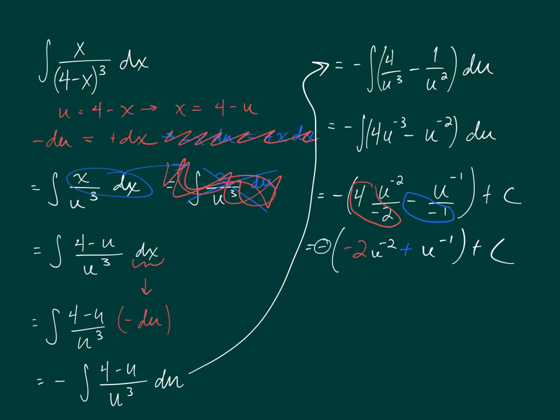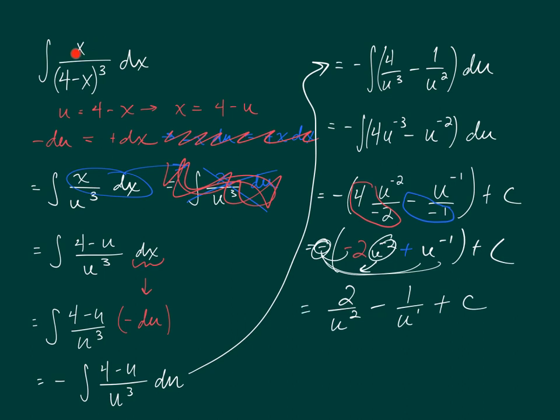And then I get to distribute this negative here and here. So I end up with 2 over u squared, because we also bump this to the bottom, minus, because of the distribution of this negative here, 1 over u to the first plus c.